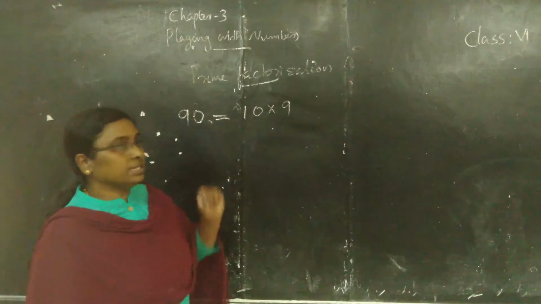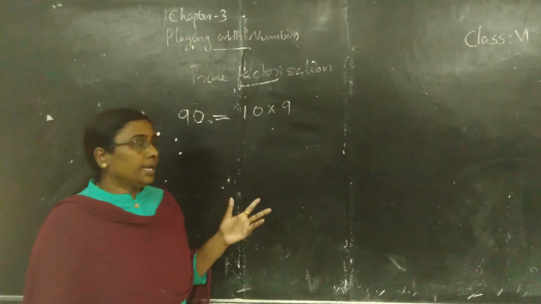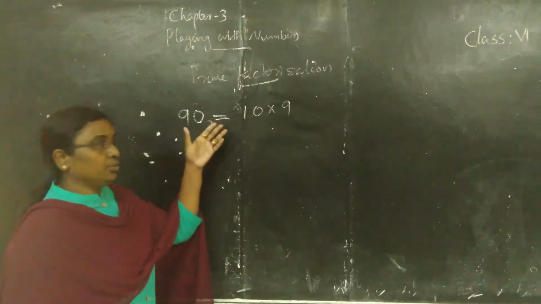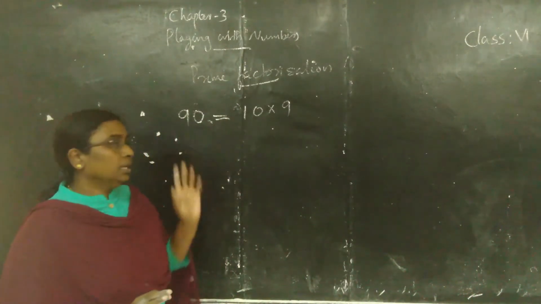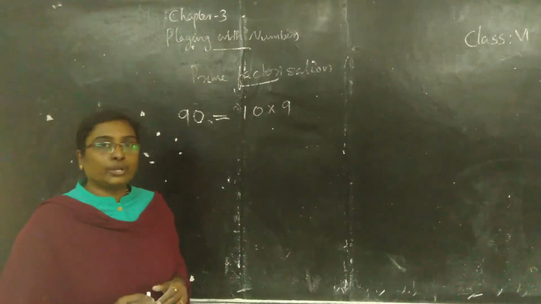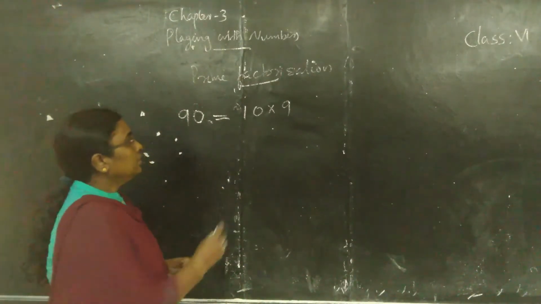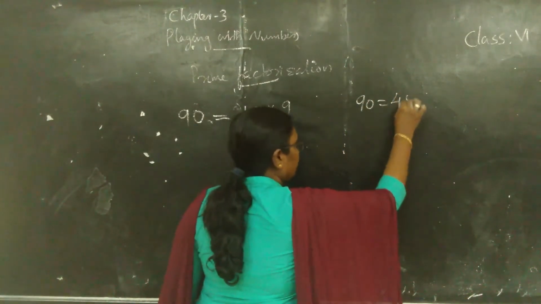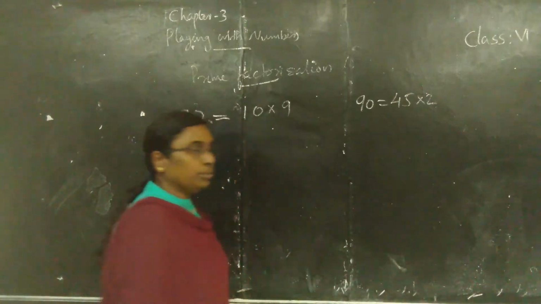First you write like this: 10 into 9, or 45 into 2. Anyway, you can write the given number as a product of two numbers. Or we can write 90 equal to 45 into 2 or 2 into 45.